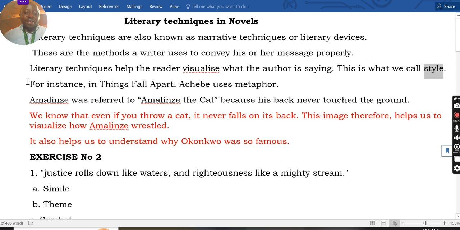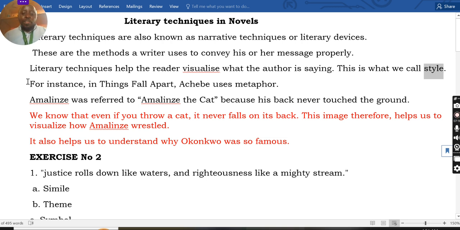And this shows us how famous Okonkwo was. Why so famous? Because Okonkwo came and threw down Amalinze the Cat, whom nobody had thrown down for 20 years.